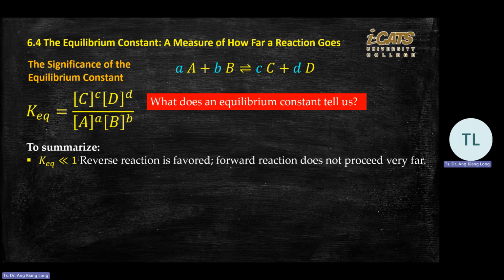So to get the moles, what do you do? 0.1 multiply 10, this is mL, so divide by 1,000 to get liters. Mole per liter.